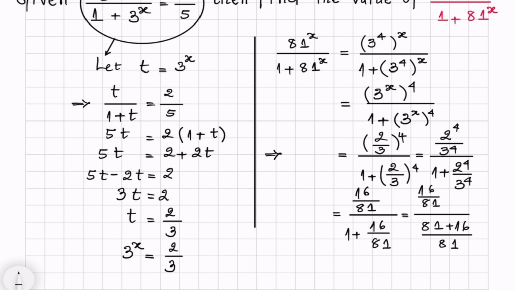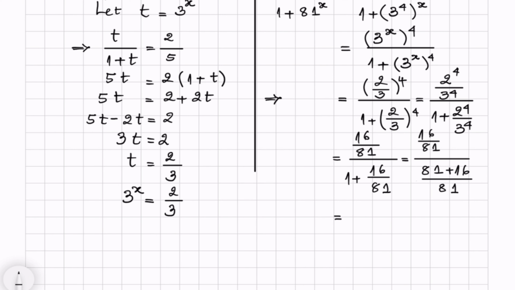Okay, alright, so then now we can cancel the 81 in the numerator here, then we will get 16 over 97. So finally, 81 raised to the power x over 1 plus 81 raised to the power x equals 16 over 97.